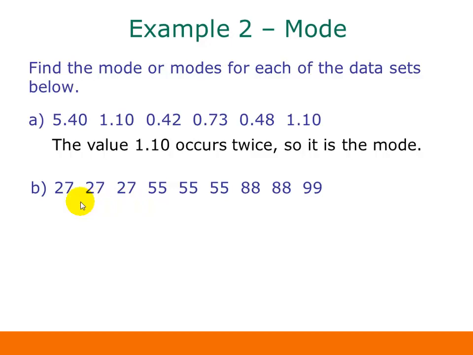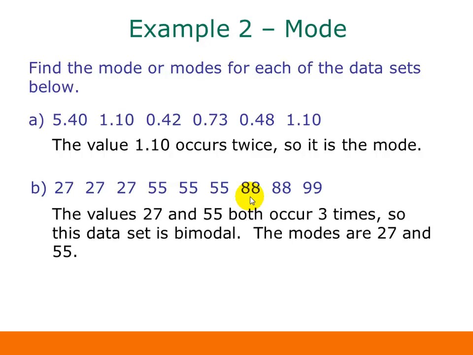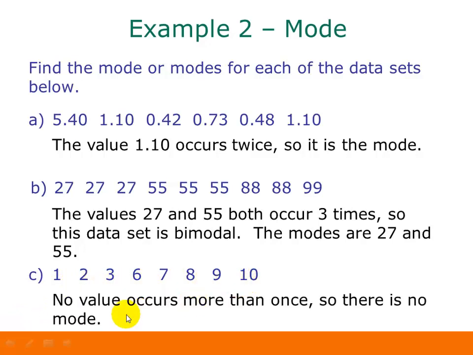In this set of data, we have 27 that occurs 3 times. 55 also occurs 3 times. The other values don't occur that many times. So here we have 2 modes, 27 and 55, because they both occur 3 times. And finally, in this set of data, there is no value that occurs more than once, so here there is no mode.